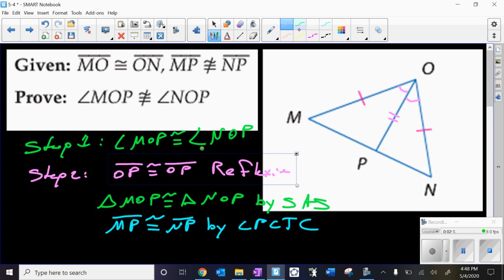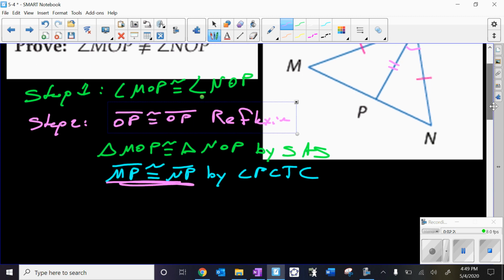Hopefully you see the contradiction within here. This last statement, I have MP congruent to NP. And if I look up at the given, I have MP is not congruent to NP. I can't have two segments being congruent and not congruent at the same time. Step 3, I'm just going to point that out.